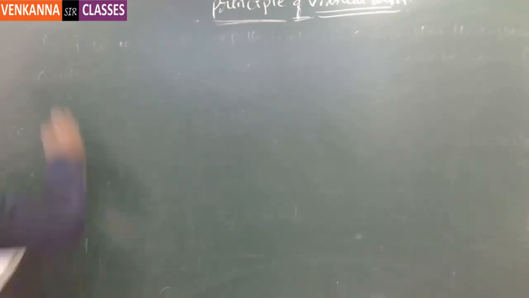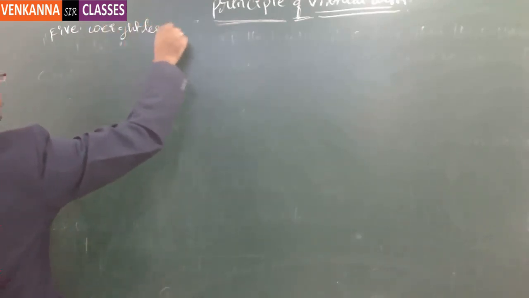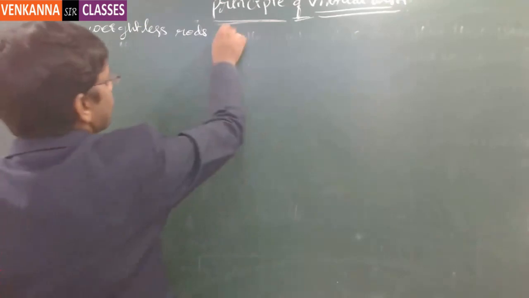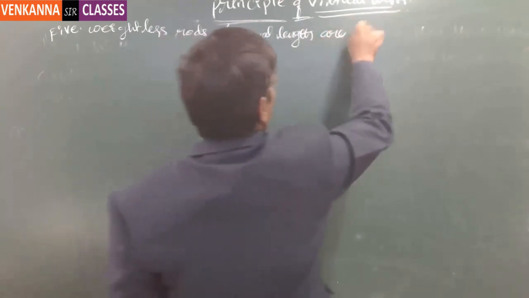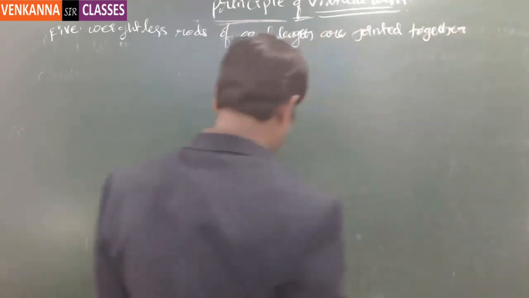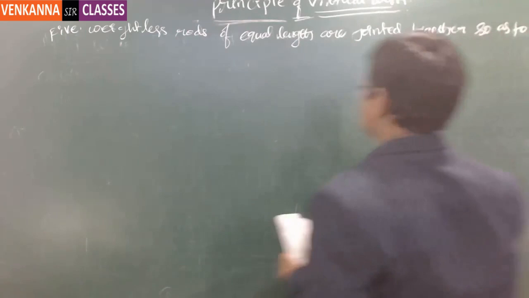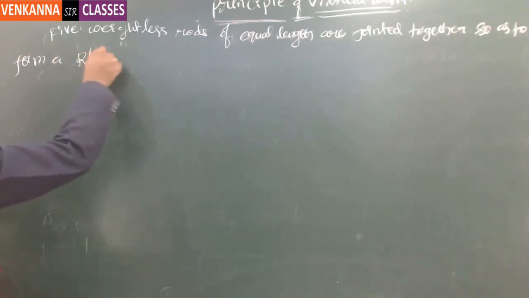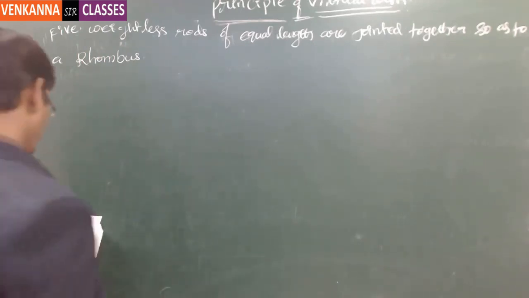Five weightless rods of equal length are jointed together so as to form a rhombus ABCD with one diagonal BD.